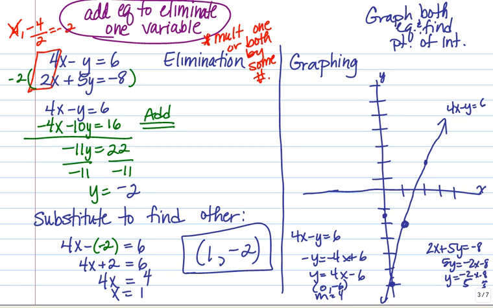And then I'd have to go down 2 over 5, down 1, 2 over 1, 2, 3, 4, 5. And there we have it. So you see that those two do intersect at the point 1, negative 2, so that confirms the solution that we found.